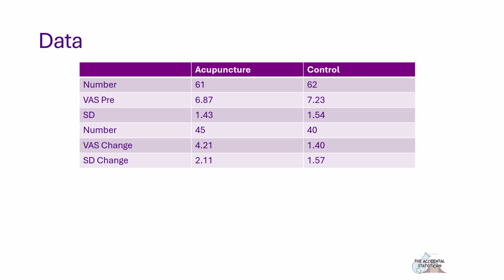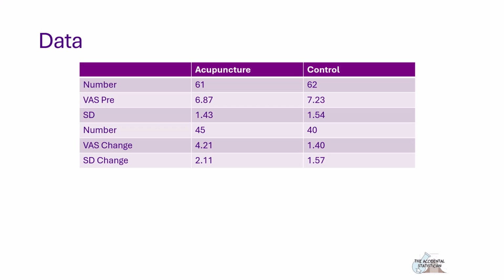Now here you can see the difference in the sample sizes. So before you had 61 and 62, when you finish you got 45 and 40. Still a relatively large sample size. The change in the visual analog scale is very large for the treatment, and for the control is a reasonable size but much smaller.